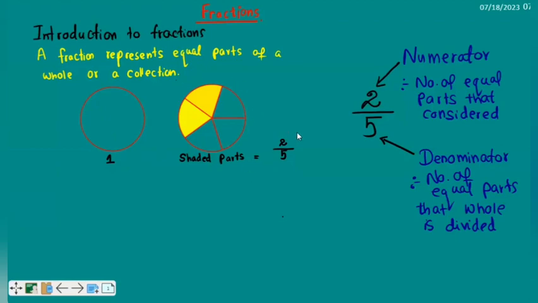This is called the fraction. A fraction consists of 2 parts. You can see in this expression, it expresses how many equal parts there were and how many parts are considered. There were 5 equal parts. Out of these 5 equal parts, we consider 2 parts.